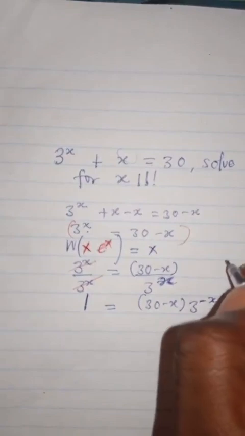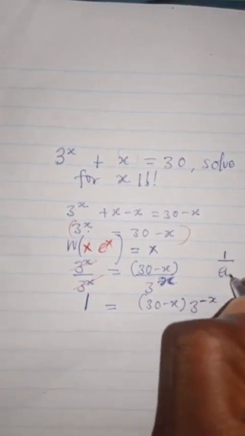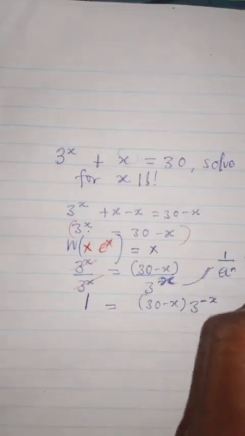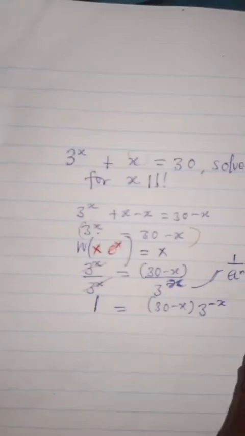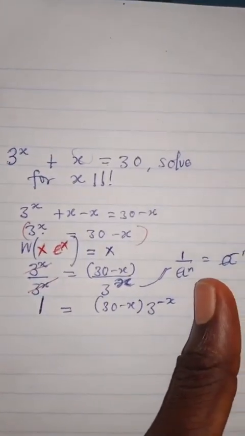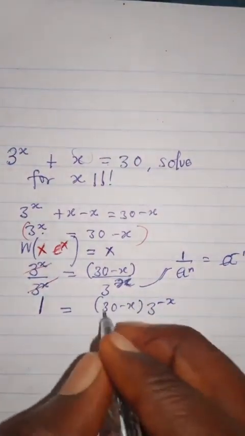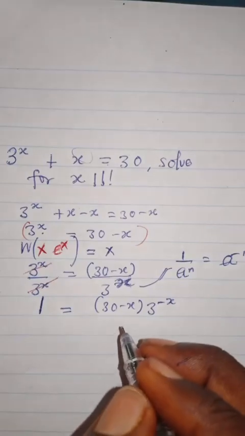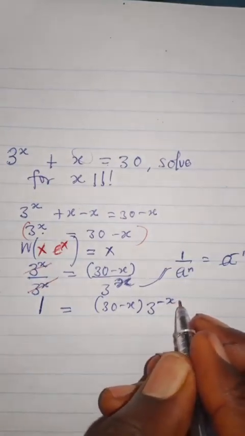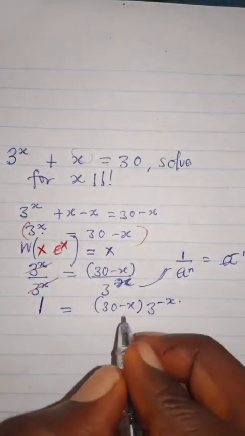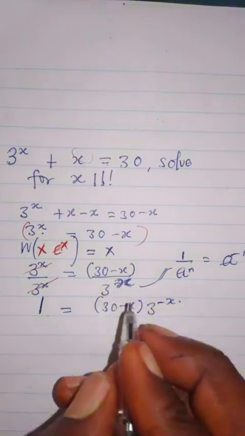According to the law of indices, we have 1 over a raised to the power of n, so this is just a raised to the power of minus n. So that is what I used there according to the law of indices. Okay, now let's move on. Since we have this, what can we do to have 30 in my exponent? What I can do is just multiply both sides by 3 raised to the power of 30.